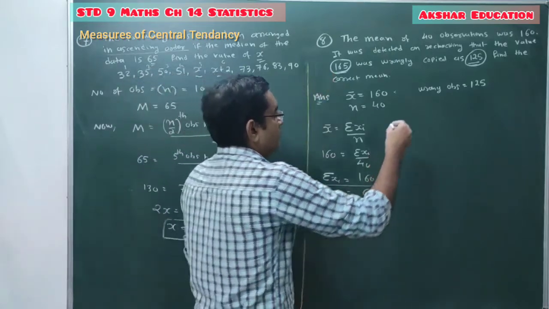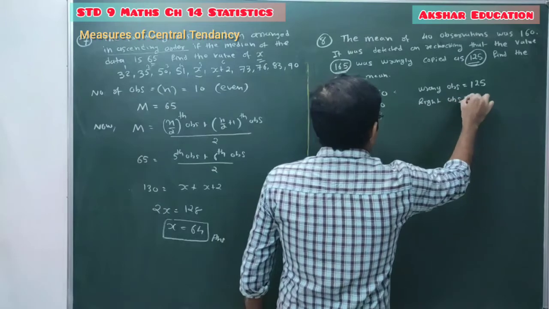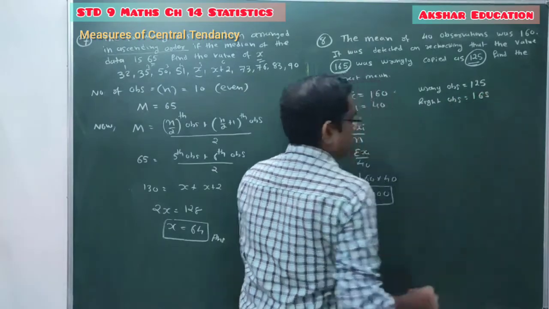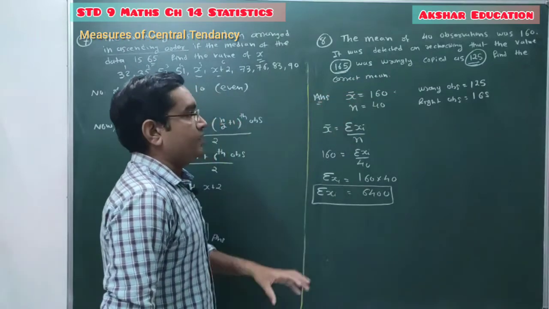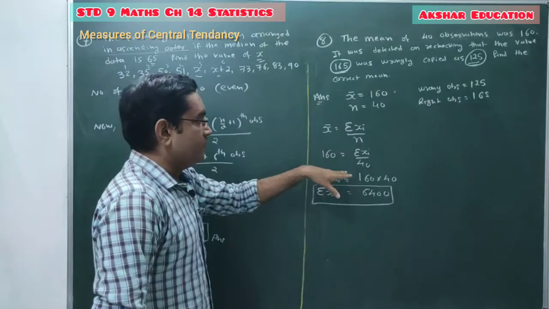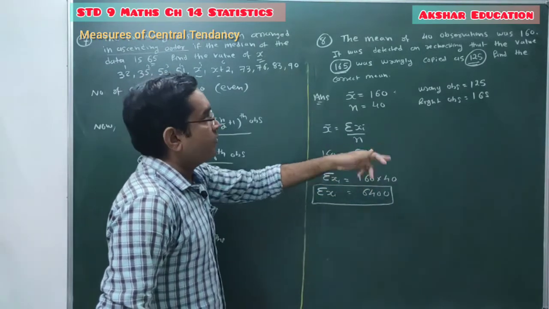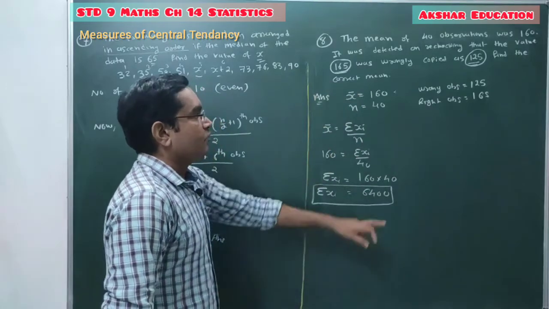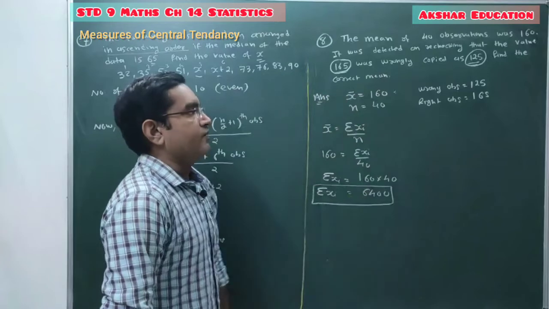The right observation is 165, but instead of 165 it was wrongly copied as 125. So the wrong observation is 125 and the actual right observation is 165.